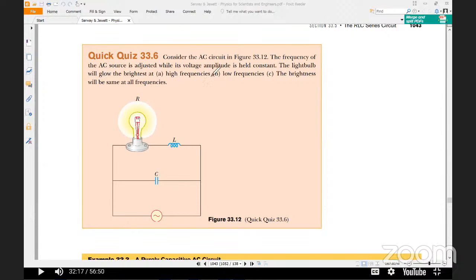The frequency of the alternating current source is constant here. So F is constant. And then the voltage amplitude, Vm, is also constant.